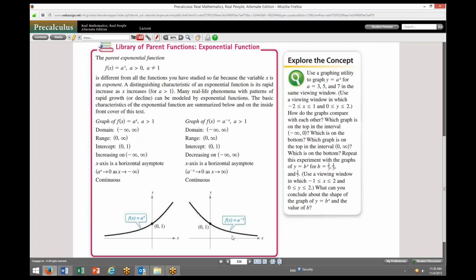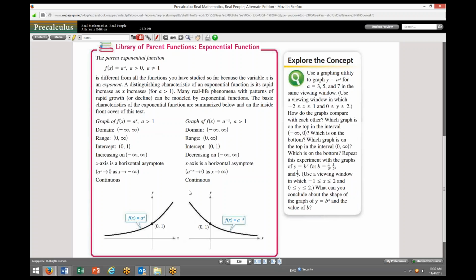But what's going on here? Well, once again, they have an infinite domain, unlimited, from negative infinity to positive infinity, all real numbers. But the range is from 0 to infinity, once again, not including 0. So it has exactly the same domain, exactly the same range, but it is now decreasing everywhere. When the base was greater than 1, the function is increasing everywhere.